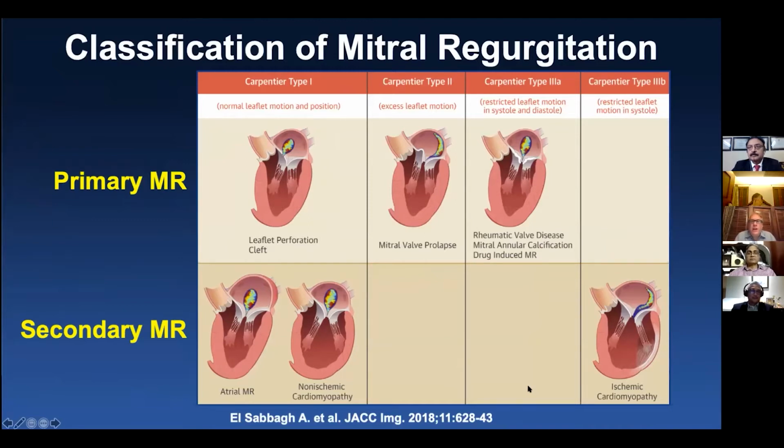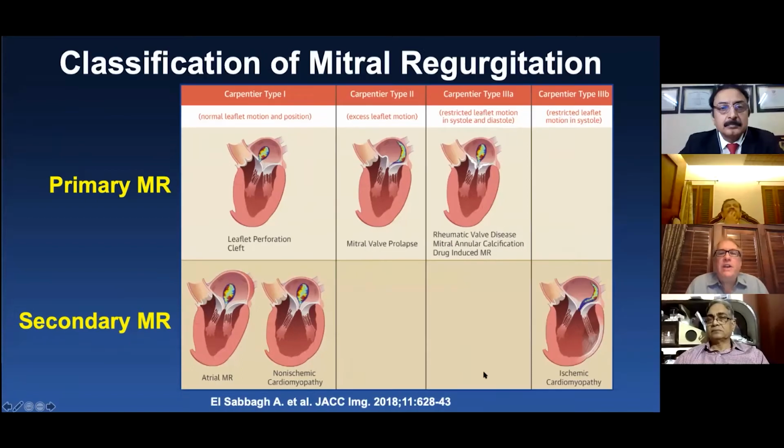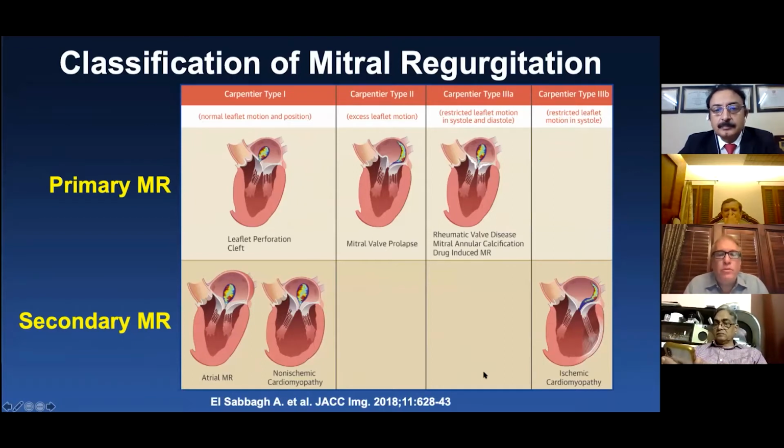Under that classification, we can look at primary or degenerative mitral regurgitation as types 1, 2, and 3A. And there's also secondary mitral regurgitation, which is primarily the situation where the valve is essentially normal and the problem is either abnormal left ventricle or sometimes left atrium.